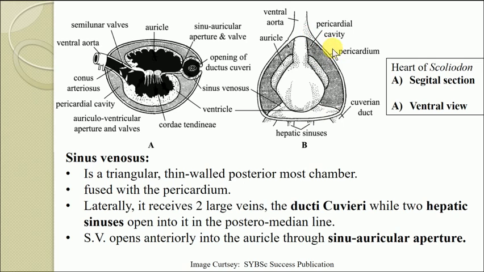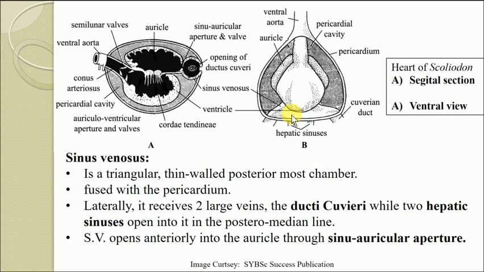Here you can see the pericardium enclosing a cavity known as the pericardial cavity, and towards the posterior end you can find the first chamber of the heart, which is known as the sinus venosus.